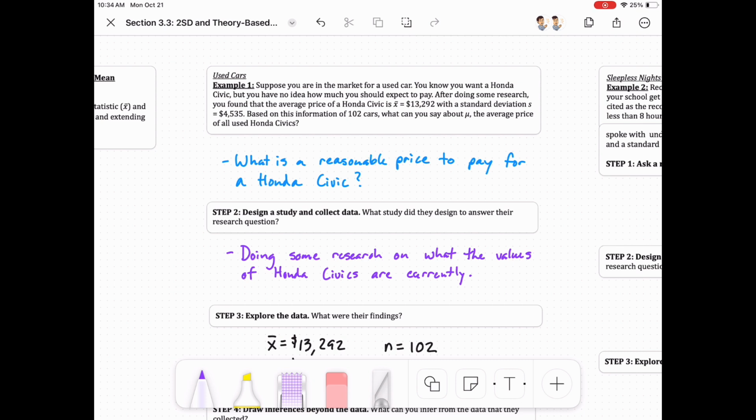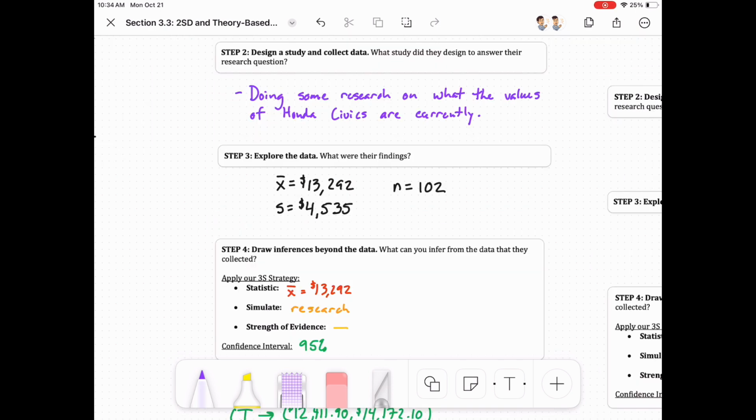Okay, so our research question here is, what is a reasonable price to pay for a Honda Civic? And doing some research, our study is finding the values of the Honda Civics and what they're at currently. We already found the findings, it was at the top, so the sample mean was 13,292. Sample standard deviation is $4,535.